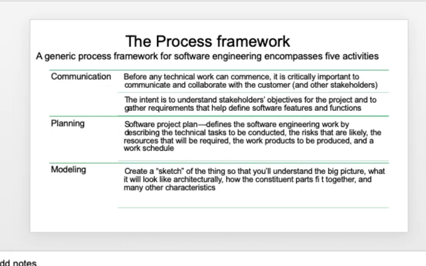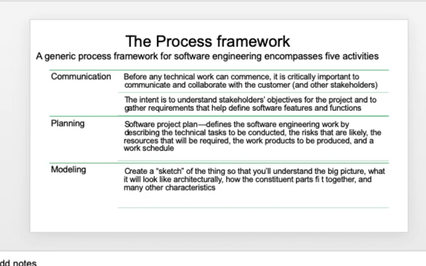So, a GPF or a generic process framework consists of 5 activities. It starts with communication. Communication is very important. It is critically important to collaborate with the customer. Before you begin any kind of technical work, communication needs to start.